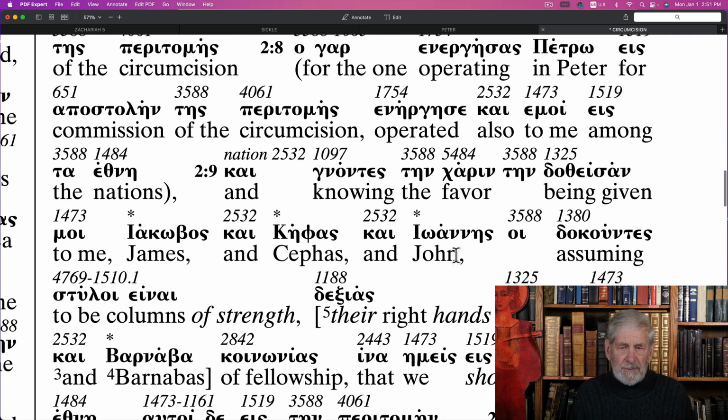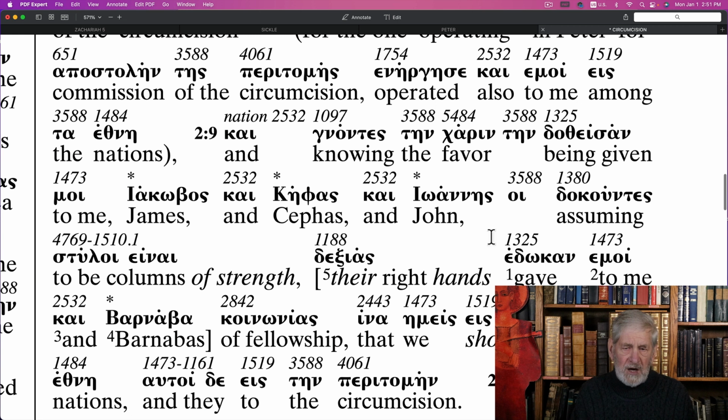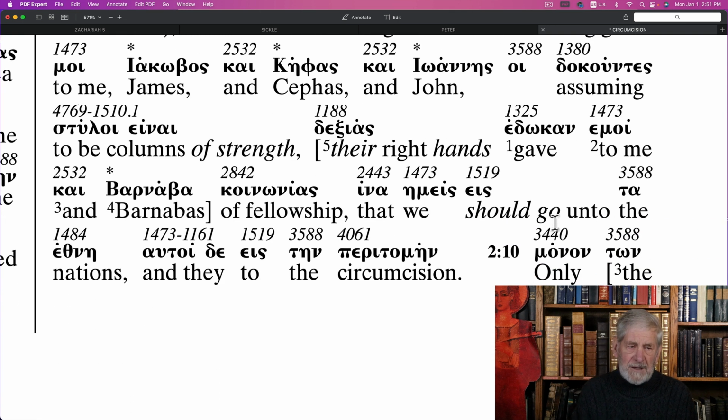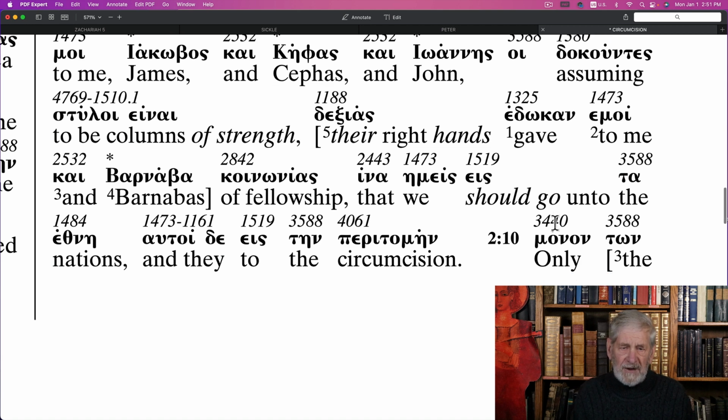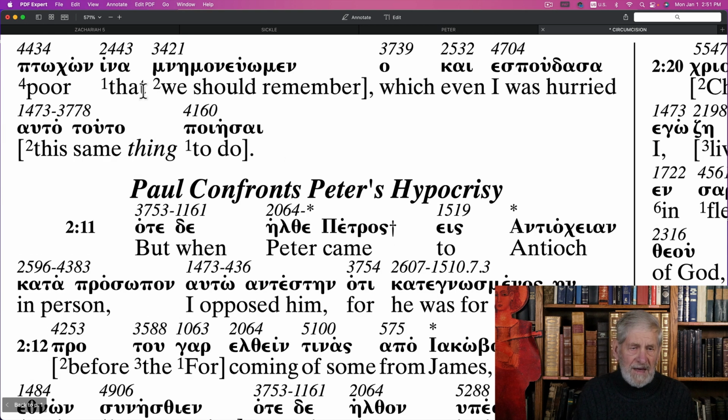And knowing the favor being given to me, James and Cephas, that is Peter and John, assuming to be columns of strength, gave to me and Barnabas the right hands of fellowship, that we should go into the nations and they to the circumcision, that would be to the Jews, only that we should remember the poor, which even I was hurried to do the same thing.